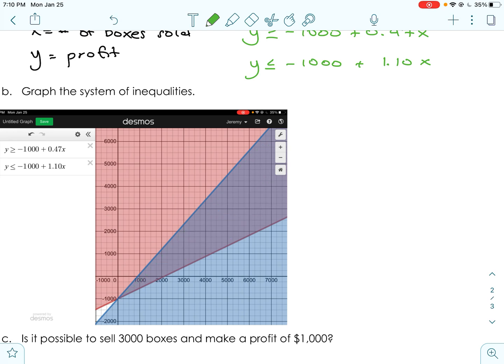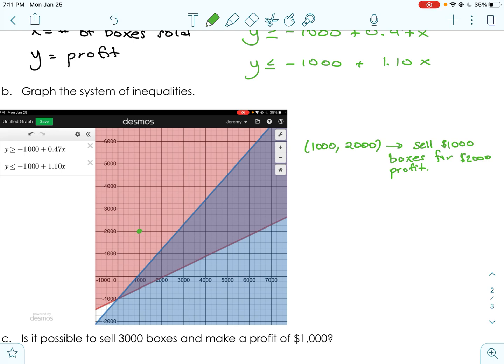So if we look at the point (1,000, 2,000), this would mean that they sell 1,000 boxes for $2,000 profit.